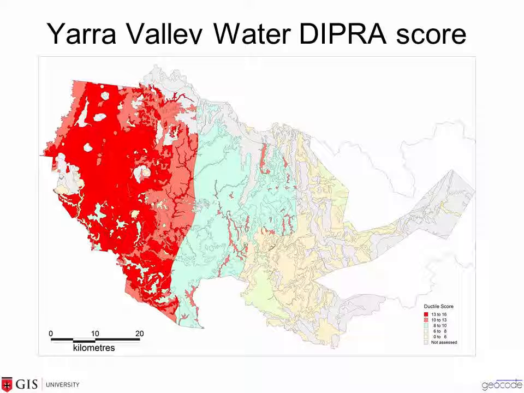Those soil polygons that are shaded red have a DIPRA score of 10 or greater, and so the DIPRA scoring system would say that a cast iron asset would perform poorly in these areas. And the map turns out to be a fairly reasonable reflection of how our assets actually do perform in the Yarra Valley Water area.